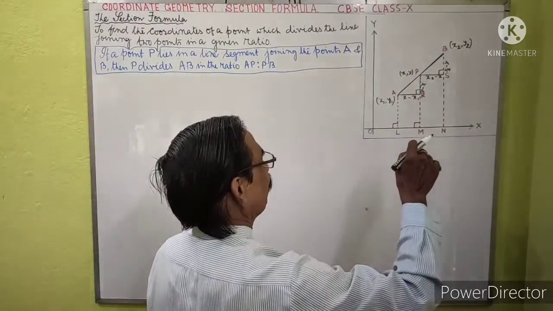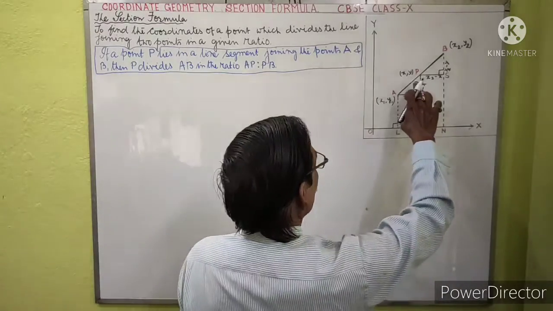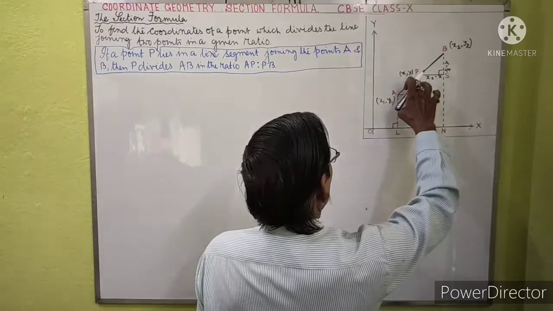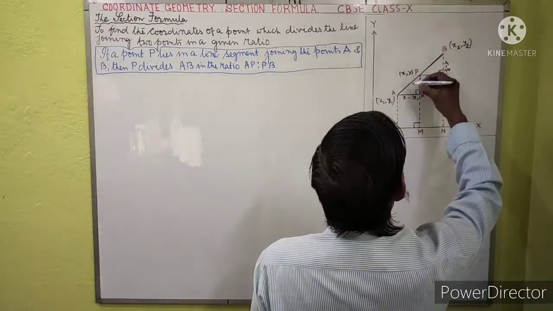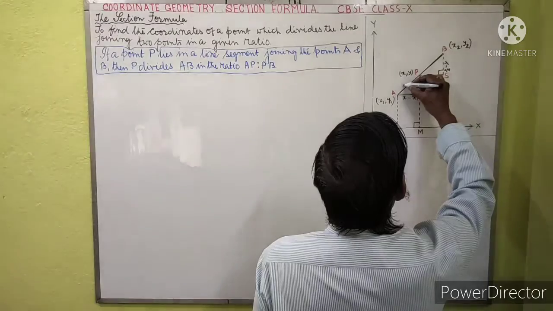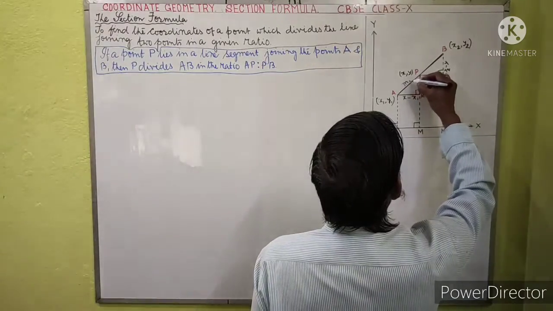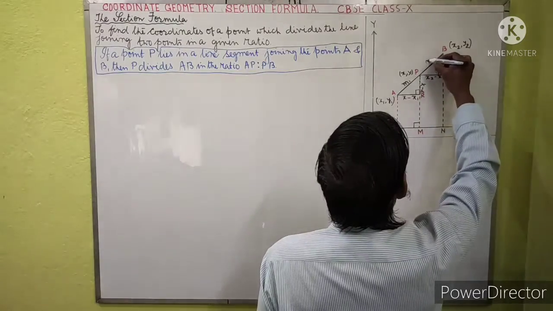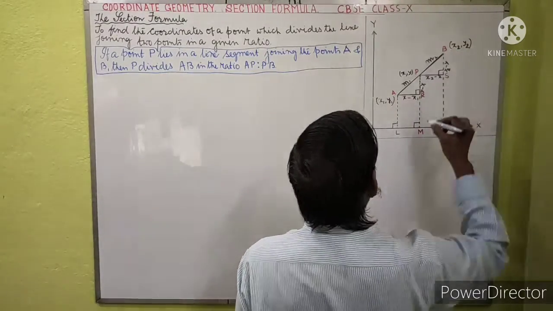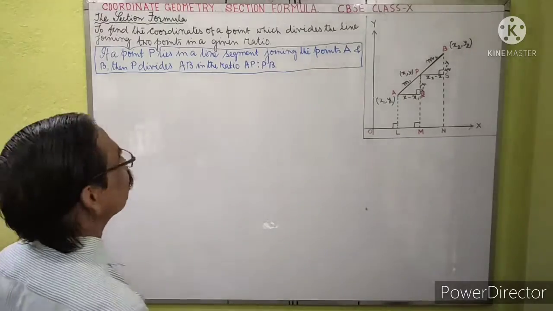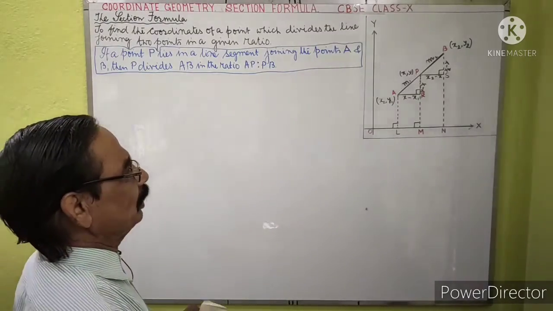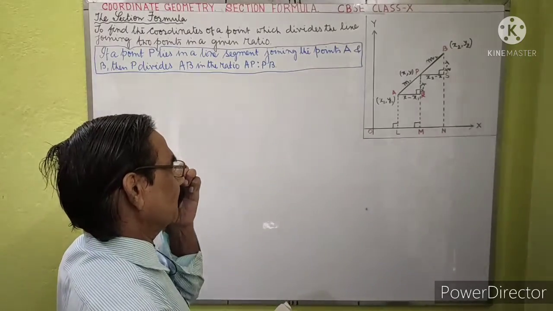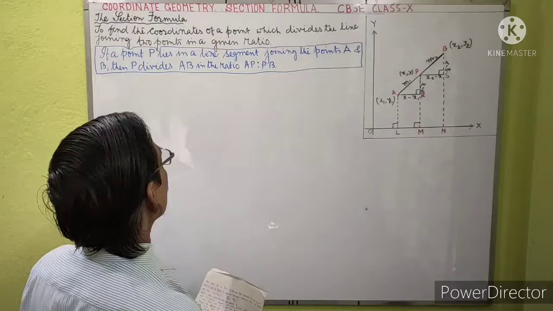A point P between A and B, whose coordinate is x, y, divides AB in the ratio M1 and M2. We have to find out the coordinate of P, that is x, y.